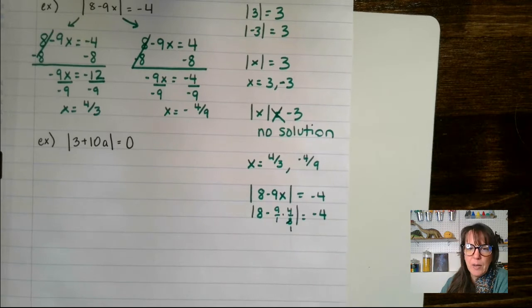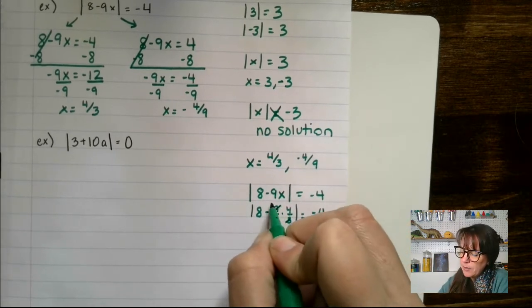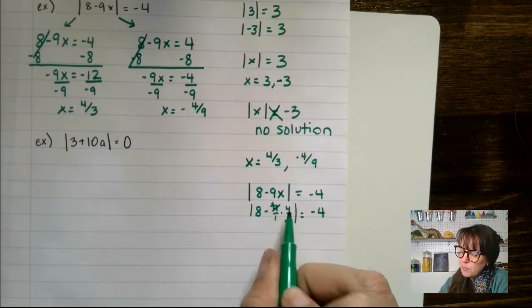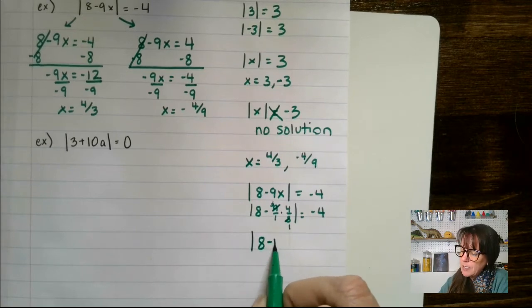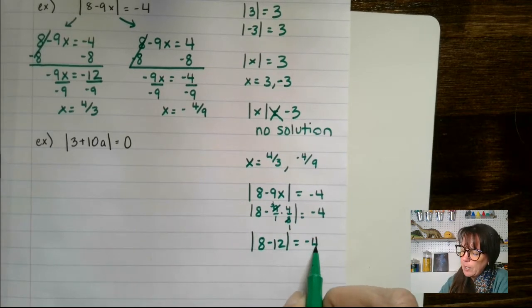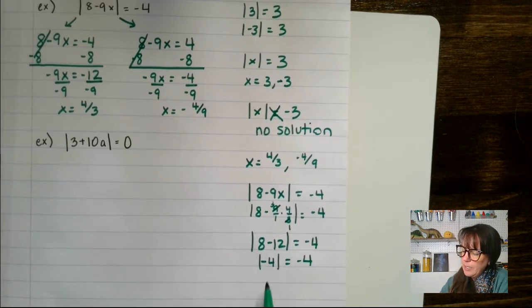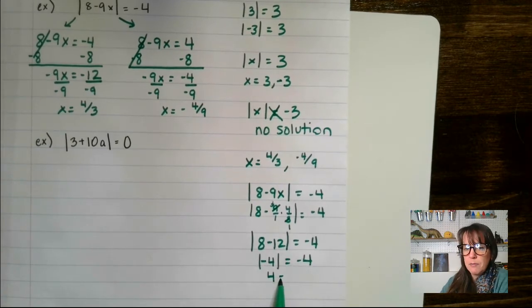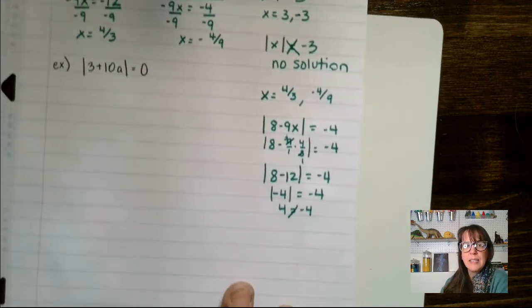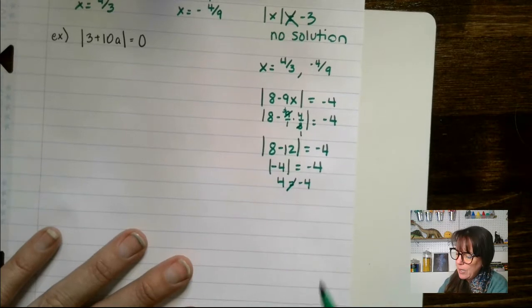Divide by 3, we get 1. Divide by 3, we get 3. 3 times 4 is 12. So I get 8 minus 12 equals negative 4. Absolute value of negative 4 equals negative 4. The absolute value of negative 4 is positive 4, so it does not equal. This does not work.